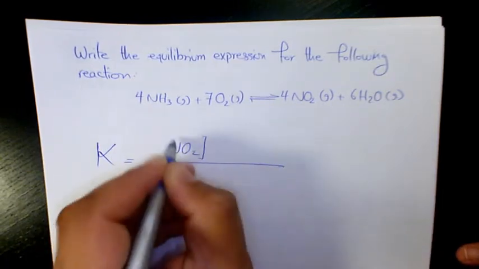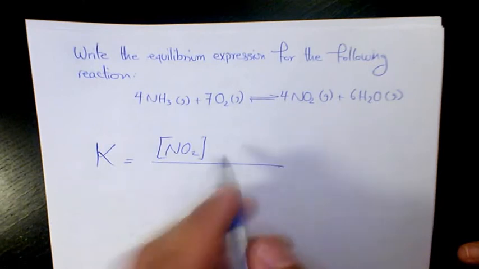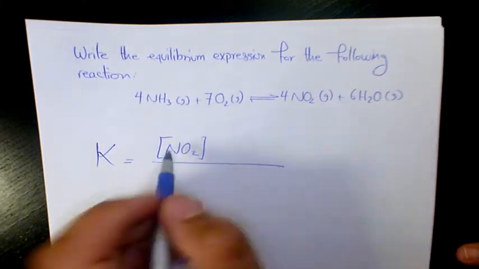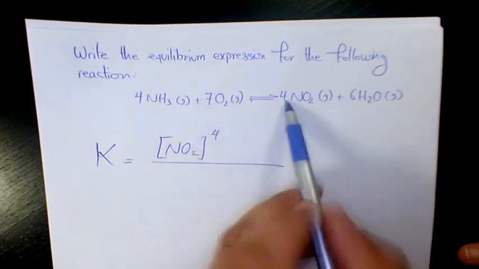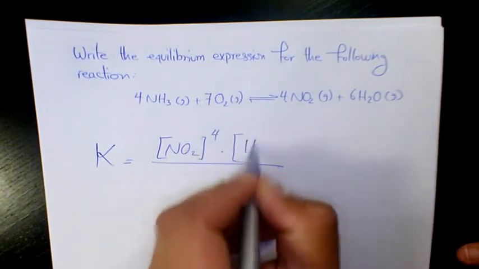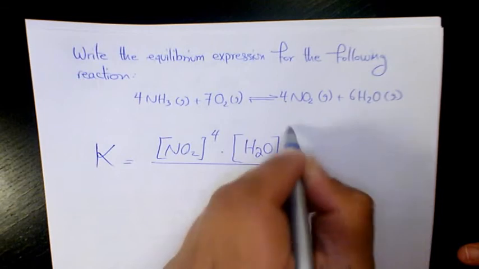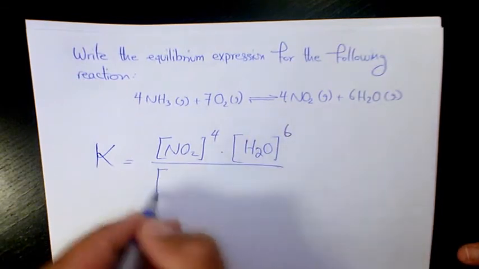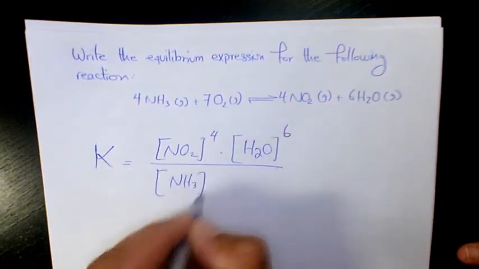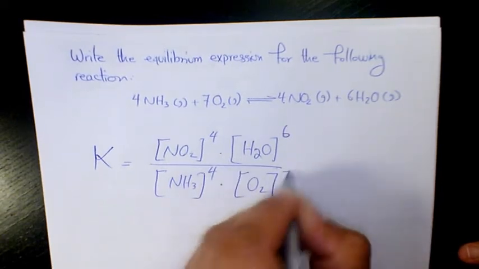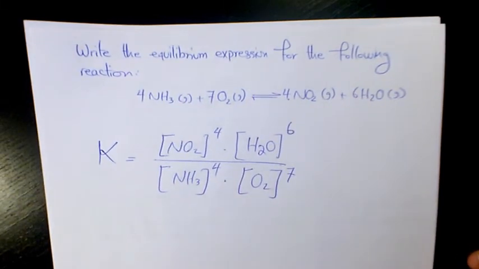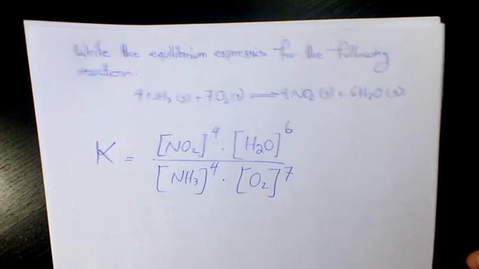NO2, you should put it in square brackets showing the molar concentration, to the power of 4, because the coefficient is 4, times H2O to the power of 6 divided by NH3 to the power of 4 times O2 to the power of 7. So that's called equilibrium expression.